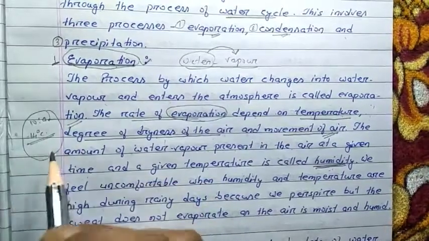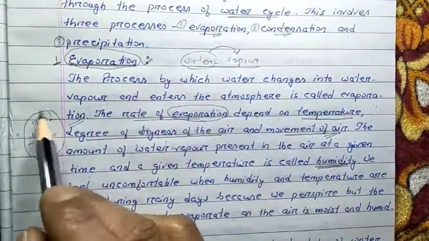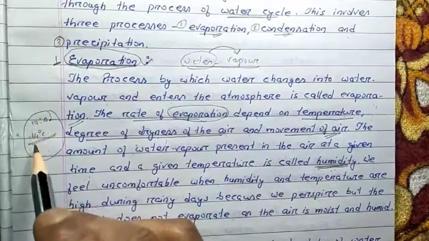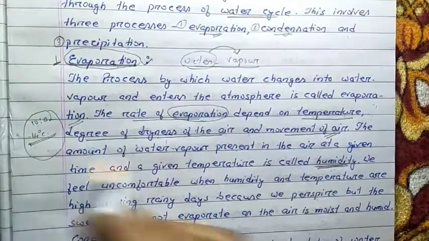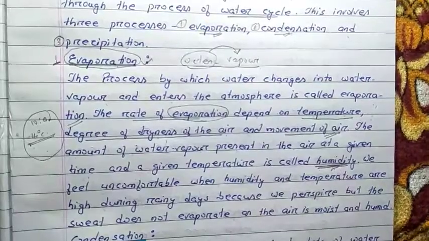So the amount of water vapor present in this particular place at 10 a.m. at the temperature of 14 degrees Celsius is known as humidity.